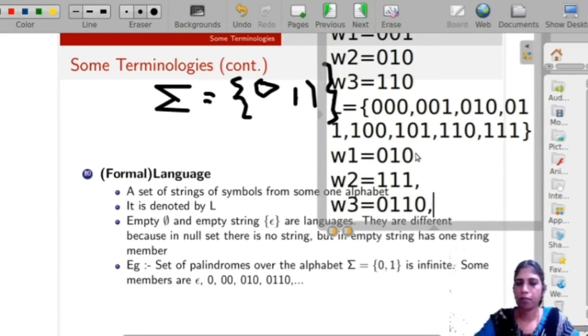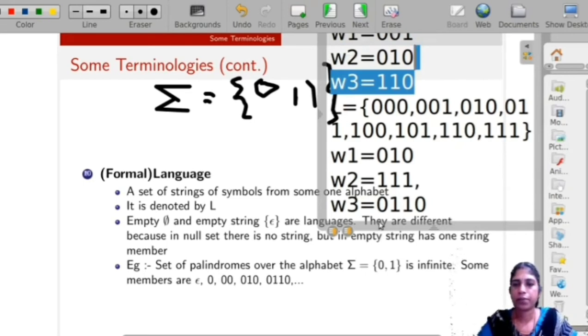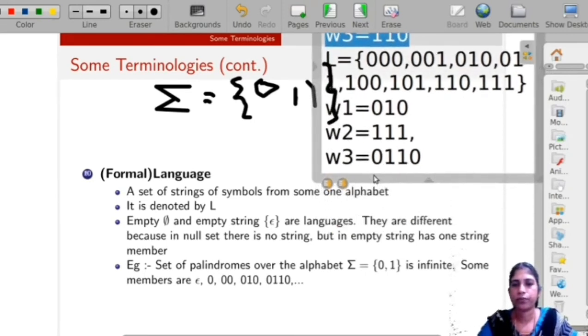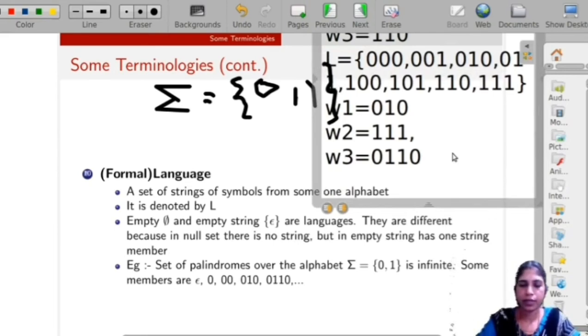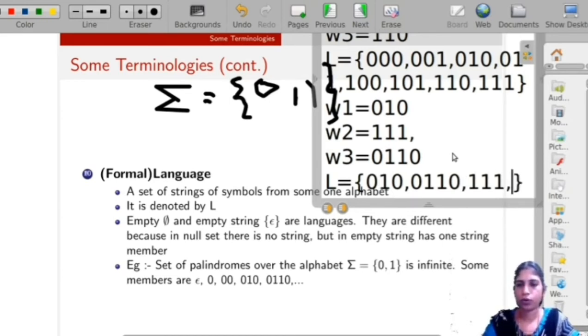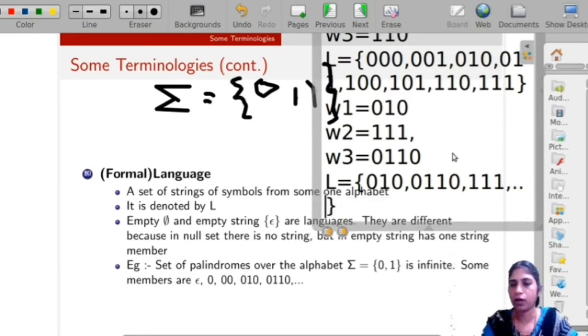These are some palindromes over the alphabet sigma equal to the set {0, 1}. So we can write L as L is equal to {010, 0110, 111, ...}. Not only this many strings, there are many other palindromes. We can construct many other palindromes using the alphabet {0, 1}, so I put etc.